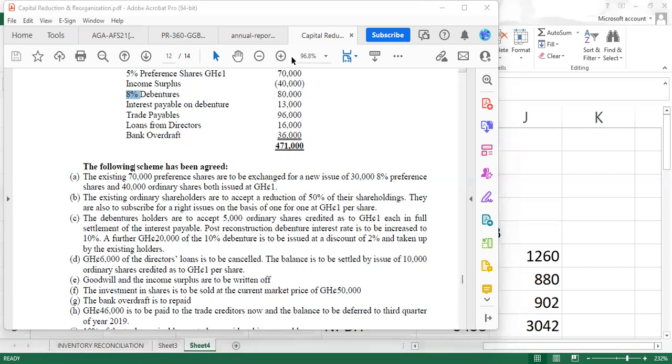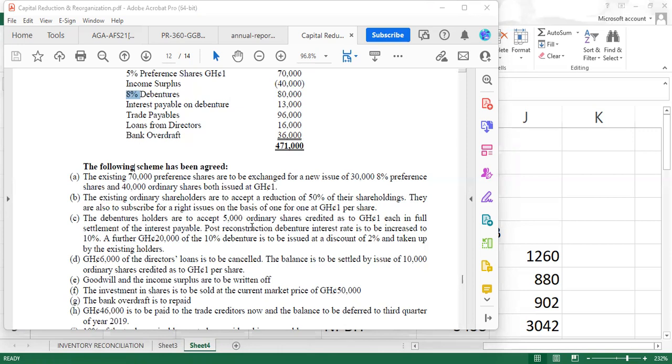Christiana, what is the meaning of this particular thing? Post-reconstruction, I have explained that already. A further 20,000 of the 10% debenture is to be issued at a discount of 2% and taken up by the existing holders.